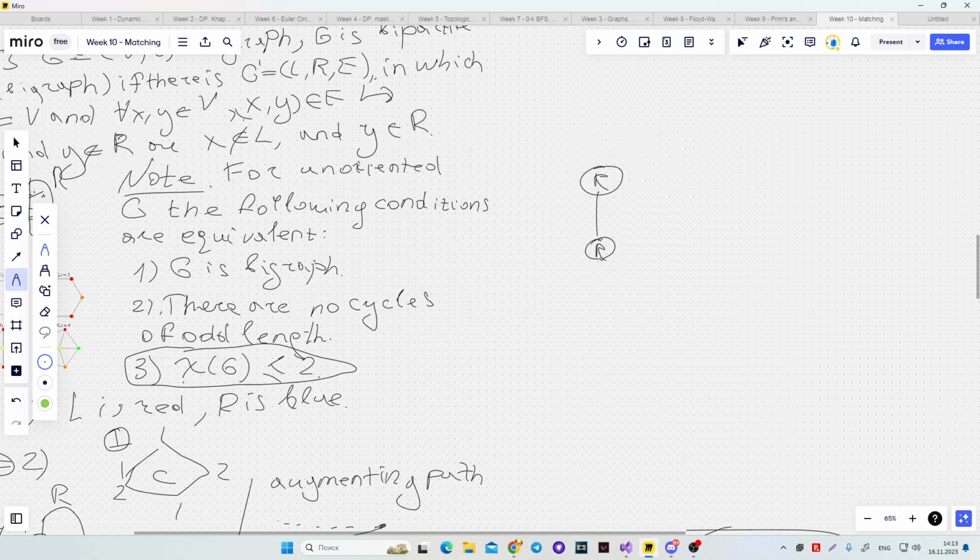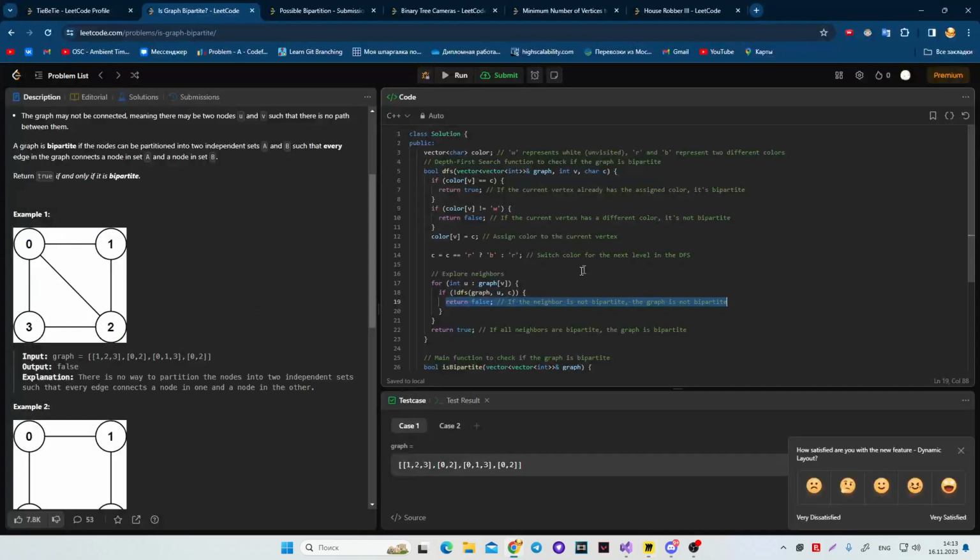It can be painted blue or white, and we check that it isn't red.